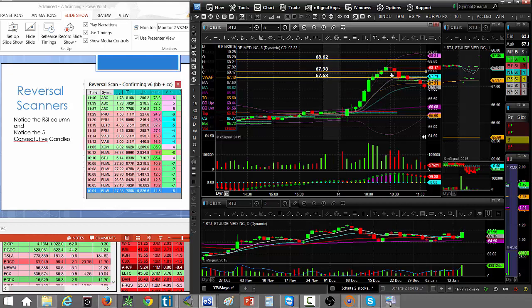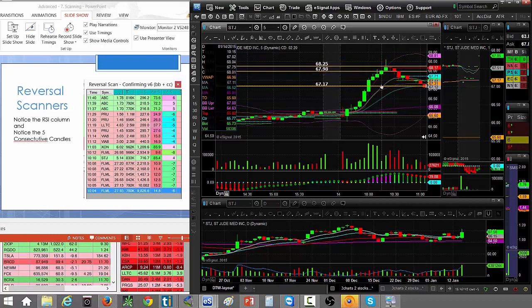The problem with this one, I would say, is that you don't have a very good profit-loss ratio, right? Your loss up here, if you stopped at high of day, is too far. So you'd have to set an arbitrary stop. You'd have to tighten up the stop to get a bigger profit-loss ratio. We want a tight stop and a big profit window. So this one's not really ideal from a profit-loss standpoint, but the pattern is still good.